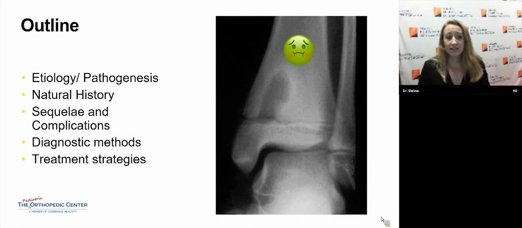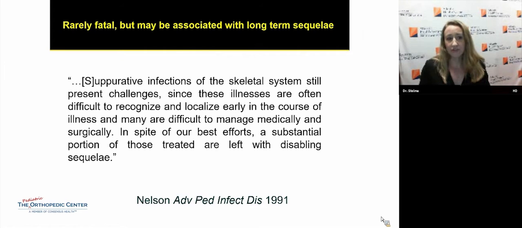So we're going to go over the etiology and pathogenesis, the natural history, some of the sequelae and complications, some of the diagnostic methods, as well as the treatment strategies. And on that picture on the right, we'll get into this more, that is a picture of osteomyelitis.